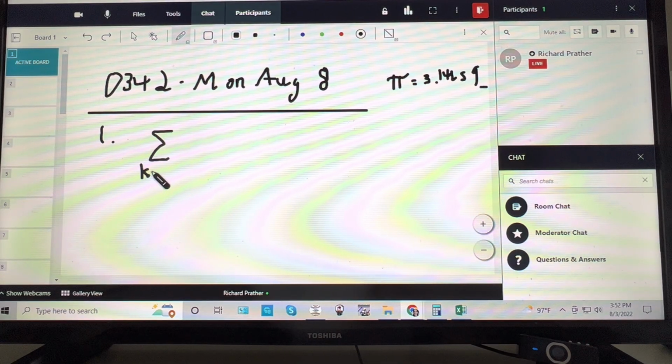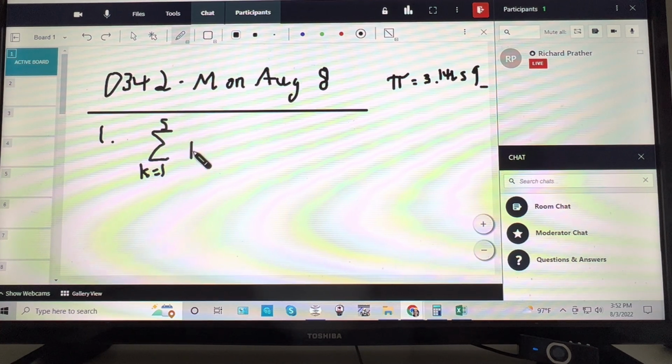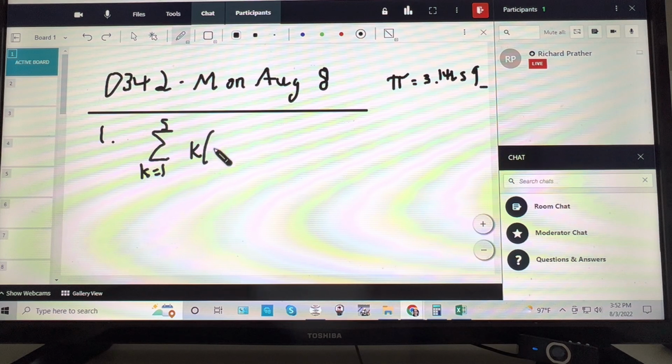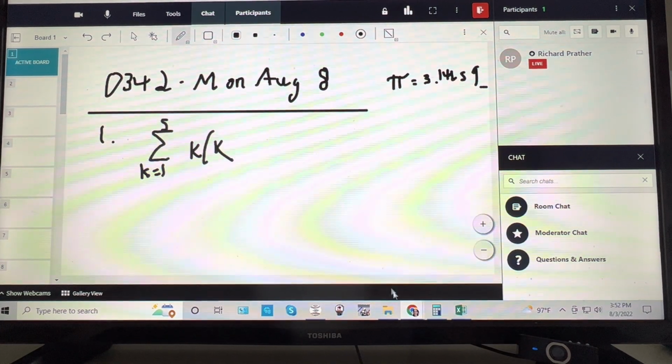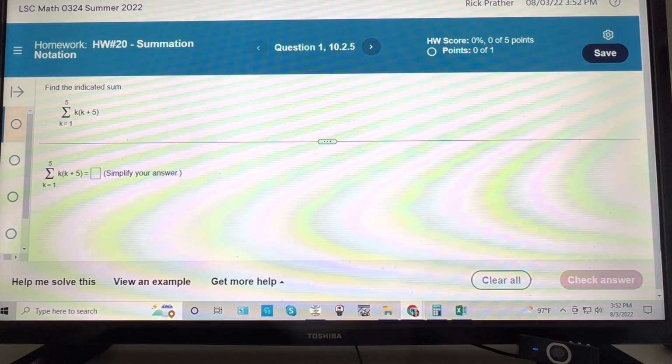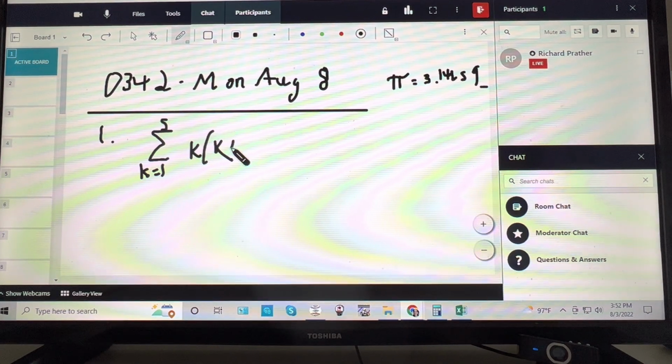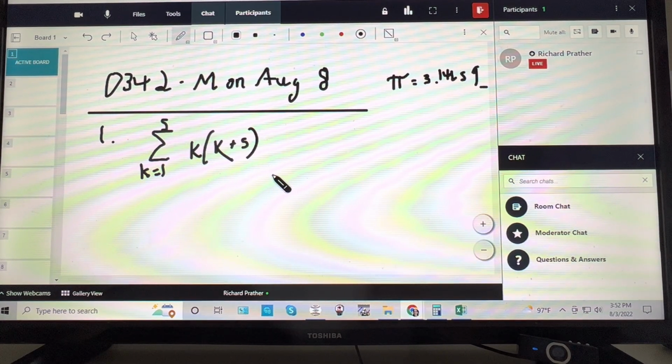So because I have K equals 1 at the bottom, that tells me that K is the variable of interest. And then if I see any K's over here, that's where I'm going to be plugging numbers in. A few of these have a shortcut, but they're very special cases. This is a generic one. This one does not have a shortcut.